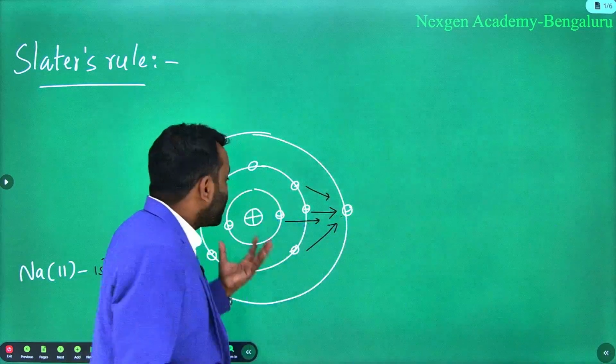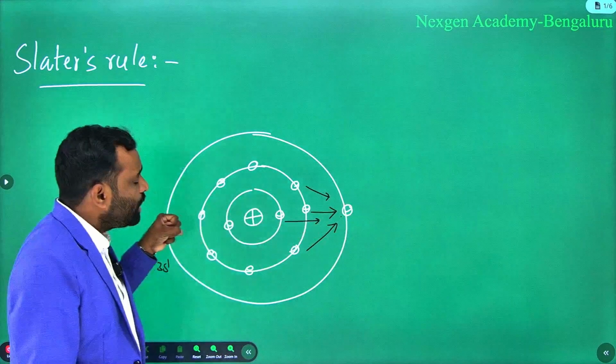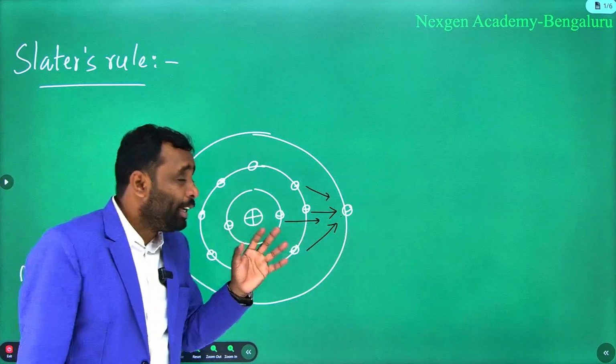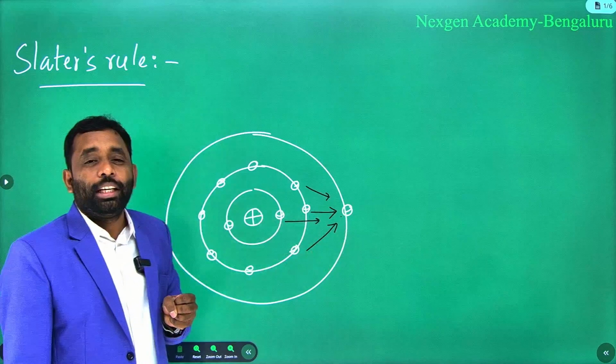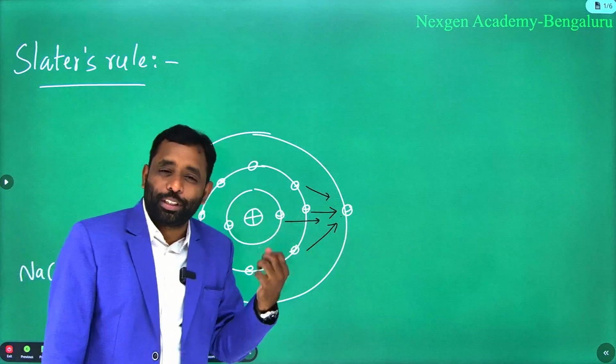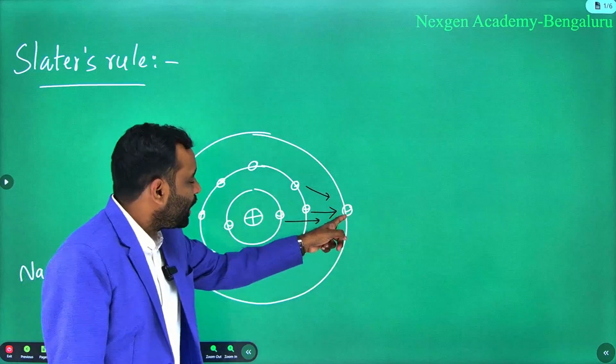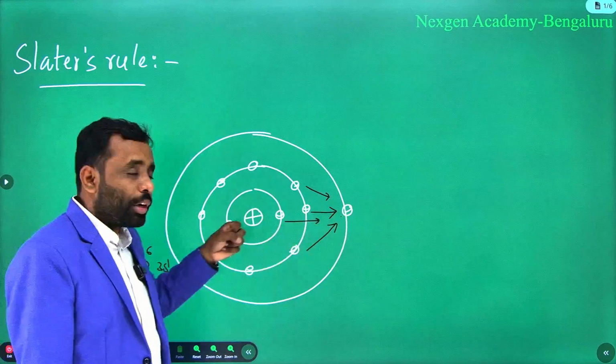What is effective nuclear charge? The net attraction experienced by the outer electron from the nucleus. Why is the effective nuclear charge less than the atomic number or expected nuclear charge? When there are no inner electrons, this outer electron is expected to have 11 protons' attraction.